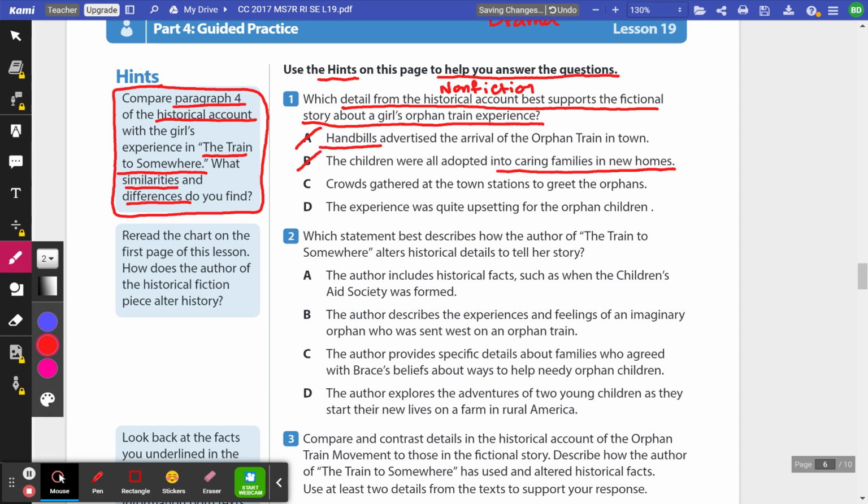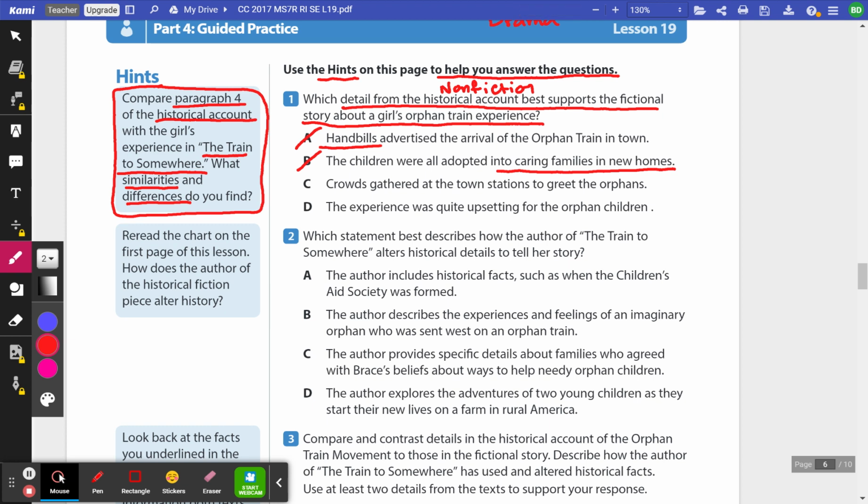So that leaves C. Crowds gathered at the town stations to greet the orphans. Well, if I'm thinking about answer choice C, I know that this doesn't really totally reflect the girl's experience on the orphan train that we read about in The Train to Somewhere.